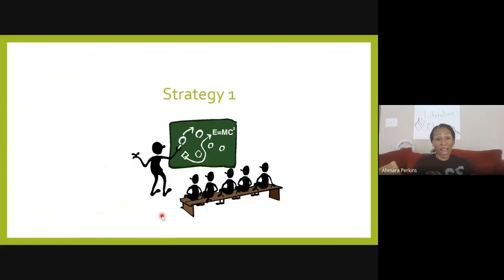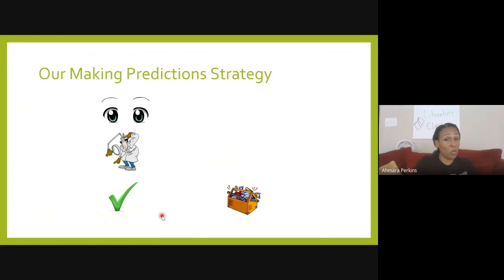So our strategy for using text features to make predictions is a before reading, during reading, after reading strategy. Before reading, we looked at the text features and we made our predictions. And you guys made fabulous predictions about the genre, the author's purpose, and the main idea.